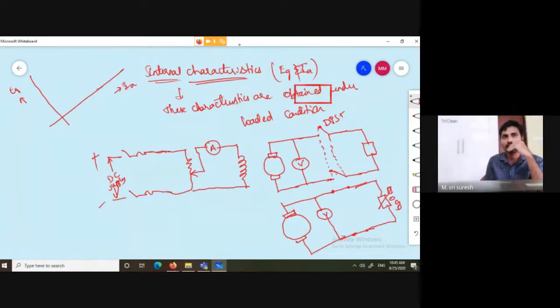Take EG on the y-axis and IA on the x-axis. Take the EG0 value from the open circuit characteristics. EG0 is the maximum no load EMF value. This line represents the EG0 value, which is obtained from the open circuit characteristics we have already seen.